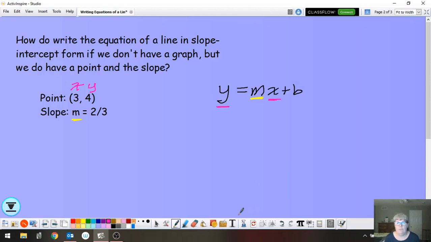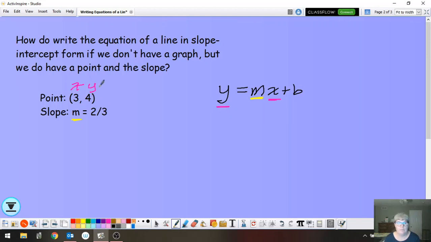But we have 3 pieces that could be used in y equals mx plus b, and the one piece we don't have, which is the y-intercept, can be found using that information. So we're going to use these 3 pieces of information in this slope-intercept form to solve for the y-intercept of a line that goes through the point (3, 4) with the slope of 2/3.